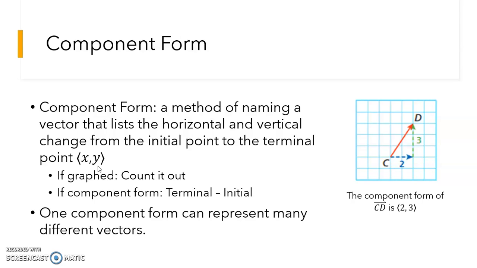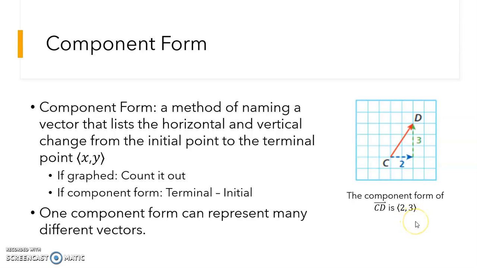So if you wanted to find the component form for a given vector, you can count it on a graph. And remember, it's the horizontal change and then the vertical change. And you just start counting at the initial point, and you count the horizontal first. So this one goes 2 over and then 3 up. So it's the horizontal component, which is 2, comma, the vertical component, which is 3.